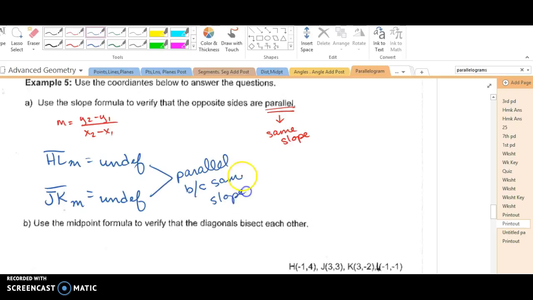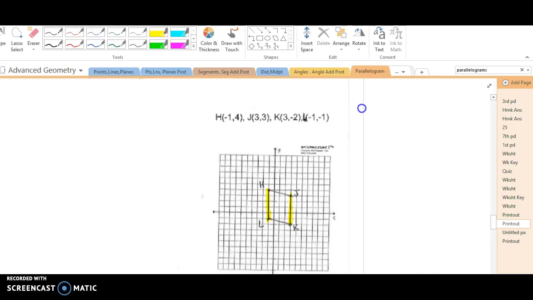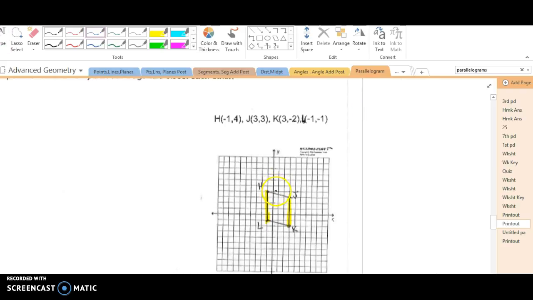I'm going to actually, instead of using the slope formula, use something that's a little faster with a graph. I'm going to use rise over run to do HJ and LK. So run is 4 boxes. Rise is 1 box. Here we go. Rise is 1 box, run is 1, 2, 3, 4.